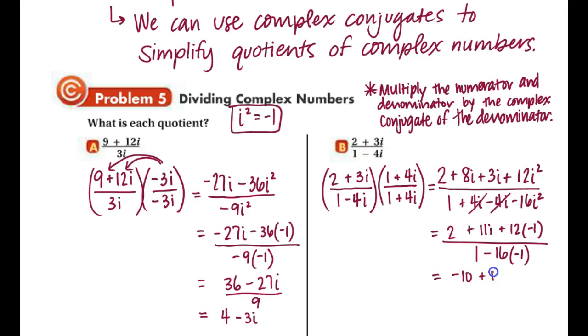And then the plus 11i drops. On the bottom, I have 1 minus 16 times -1. Well, -16 times -1 is positive 16, and 1 plus 16 is 17. And then lastly, we just need to share the 17 with both pieces, so that means we have -10 over 17 plus 11 over 17i. And that is the quotient of the original expression.